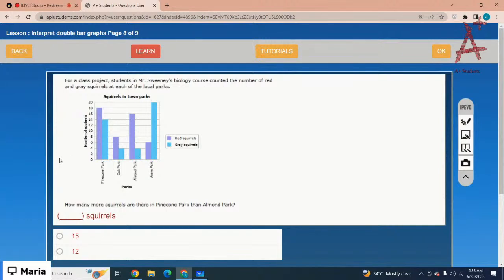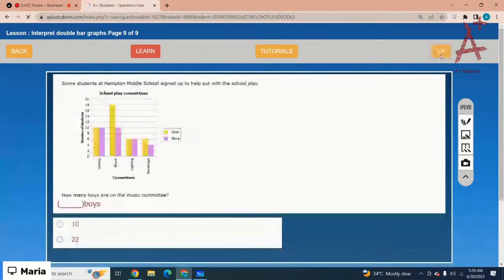So 18 and 14 is 32, and in Almond Park 16 and 4 is 20. So 32 minus 20 is 12. That means you have 12 more squirrels in Pine Cone Park than Almond Park.